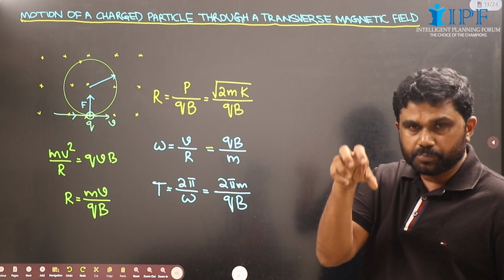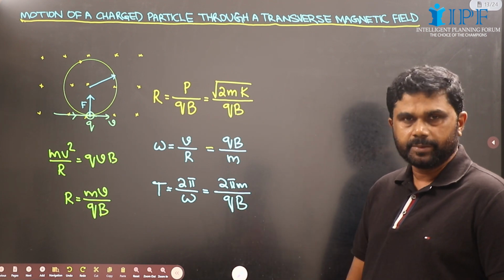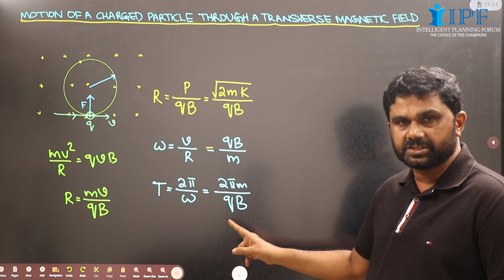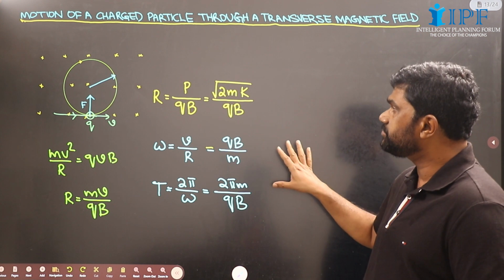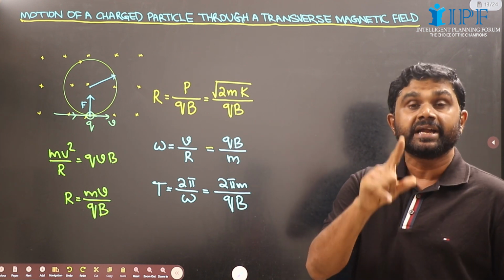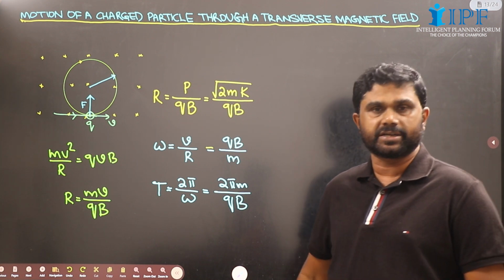Whether it is in a smaller circle or a larger circle, the period will be the same. Period depends only on the mass of the particle, the charge, and the magnetic field through which it is moving. This is the case when the particle is projected into a transverse, that means normal or perpendicular, magnetic field.